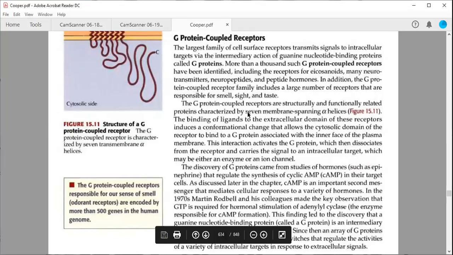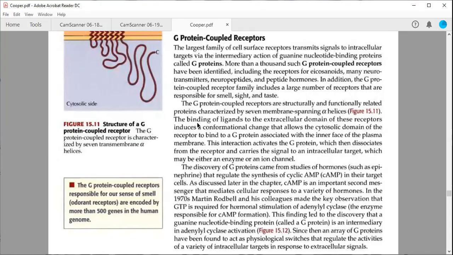Besides this, we also have sight receptors and taste receptors, so they are also mostly GPCRs. So basically, this is the largest family of proteins we are going to start today. So underline this. These are alpha helices, and they are spanning the membrane.